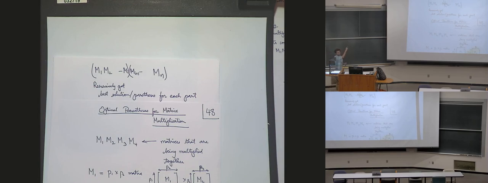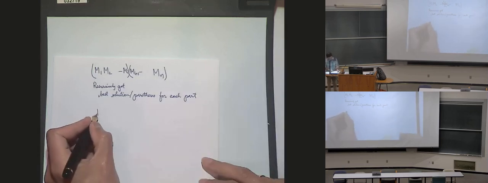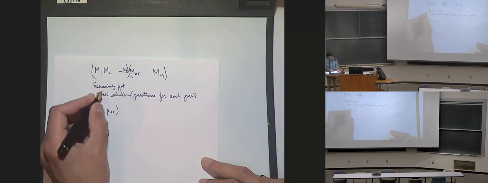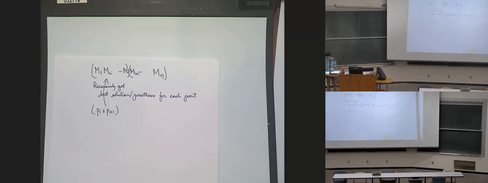It's like Pi cross P2 times P2 cross P3, P3 cross P4, but all that middle stuff goes away. It's Pi cross Pi plus 1. So this gives you a Pi cross Pi plus 1 matrix. That's what you get from here.